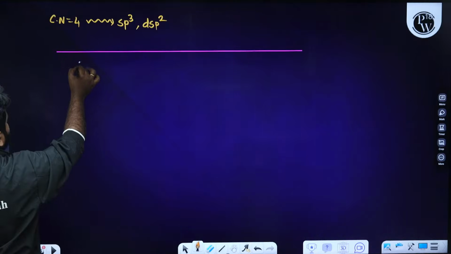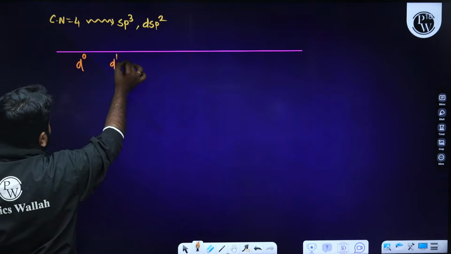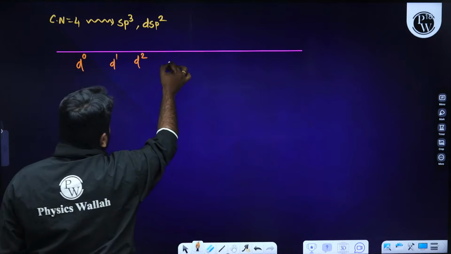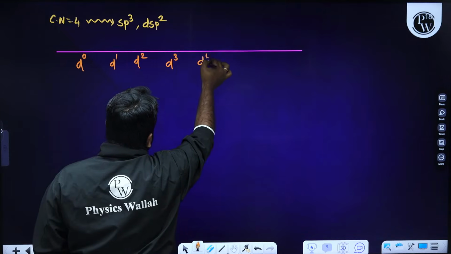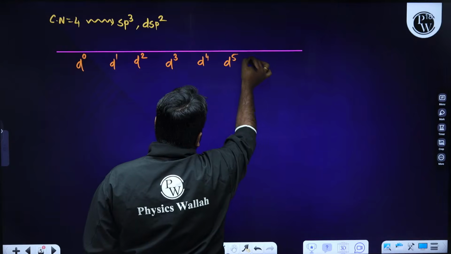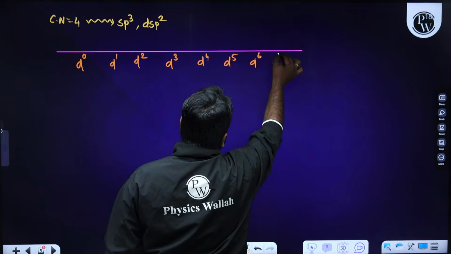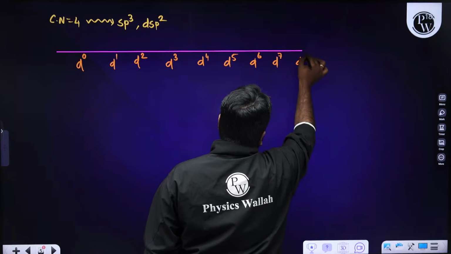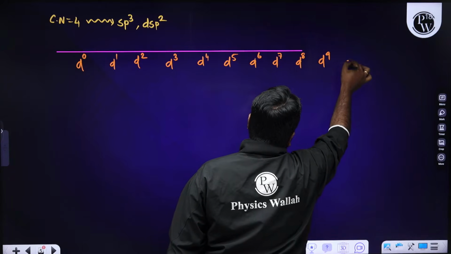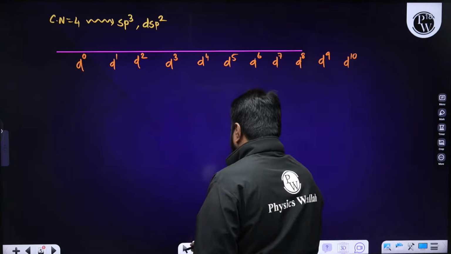Let me write d0, d1, d2, d3, d4, d5, d6, d7, d8, d9 and then d10.